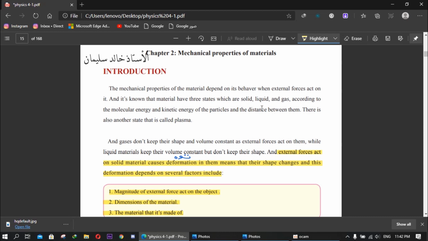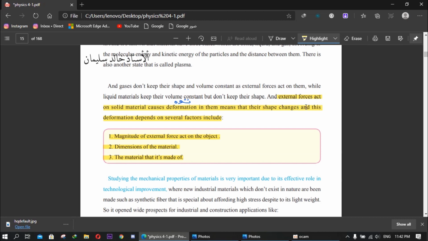Chapter 2, Mechanical Properties of Material. External forces act on solid material and cause deformation in them, meaning that their shape changes, and this deformation depends on several factors. Number 1, the magnitude of the force acting on the object.